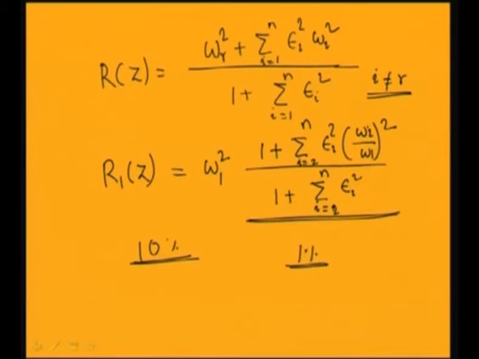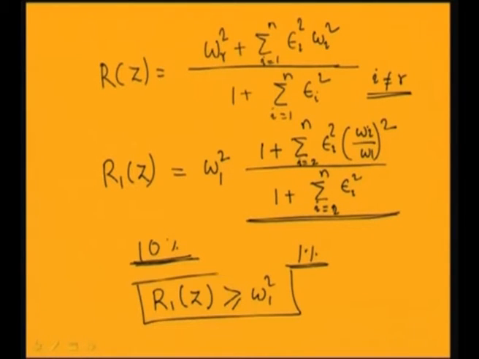You just observe that in this case this R1 z is always greater than or equal to omega 1 square. So, you can observe that the Rayleigh quotient will never have a value less than this first mode eigen frequency.